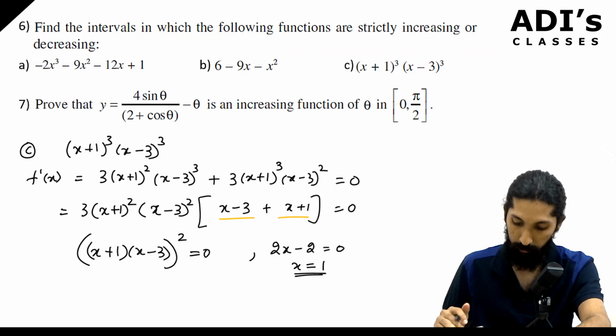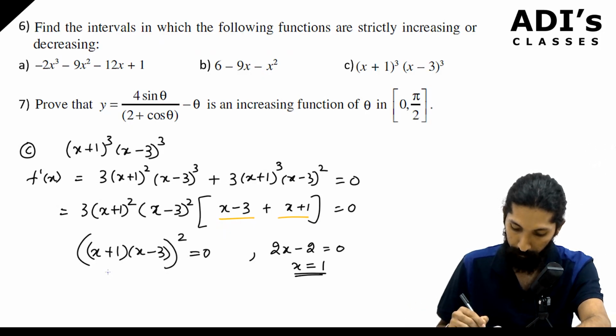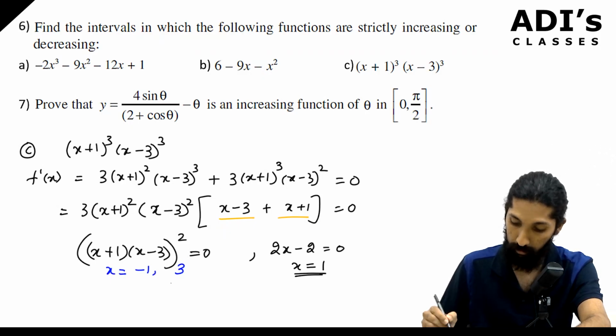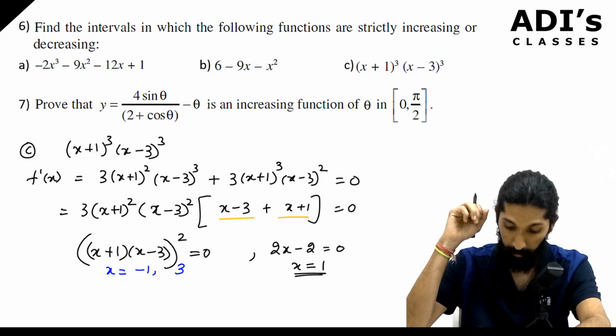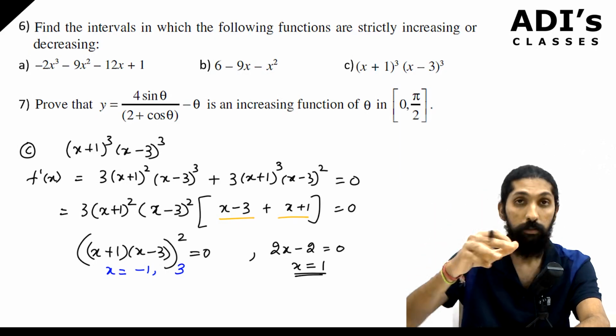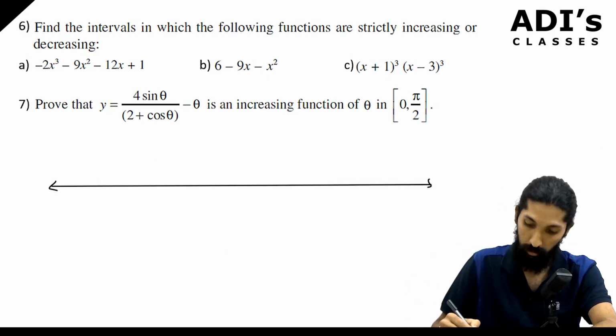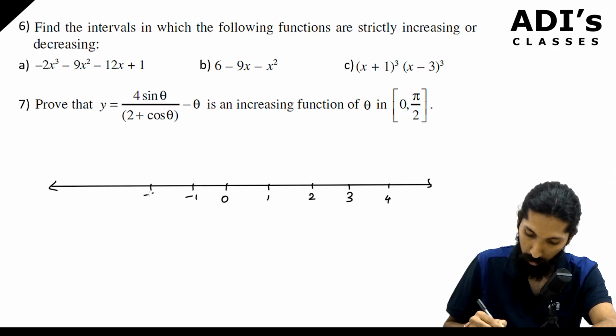That means in this first part, you can take x is minus 1 or x is 3. So now we have 3 points. We need to look at these 3 points and then go about it. Understood? So let's draw the number line and do it. 0, 1, 2, 3, 4, minus 1, minus 2, minus 3.